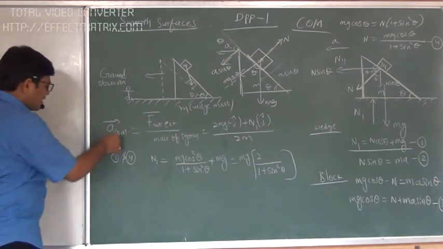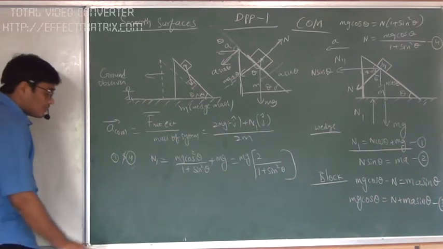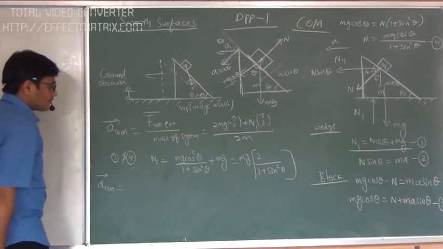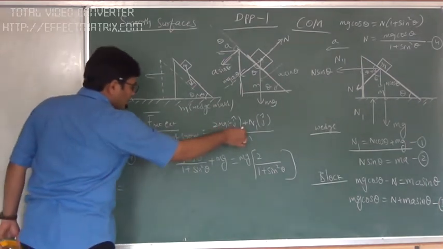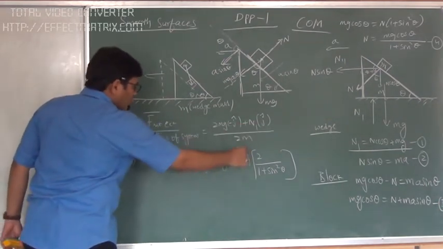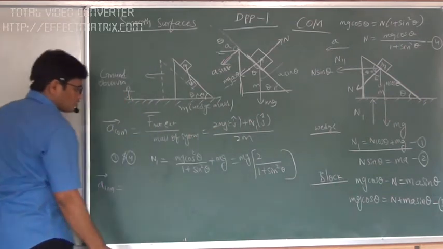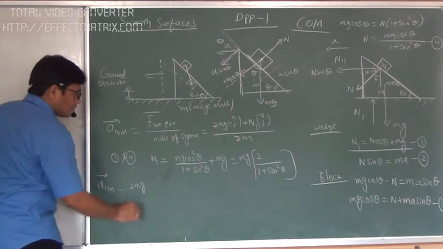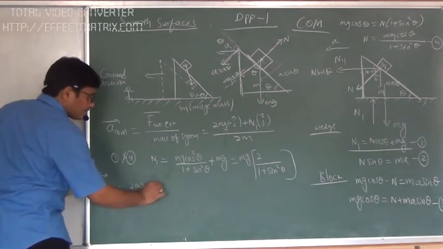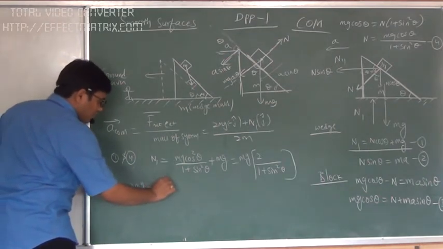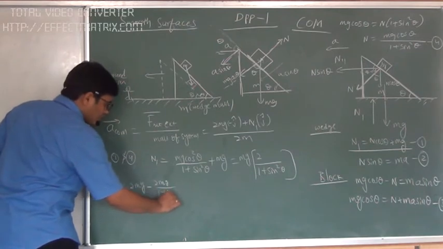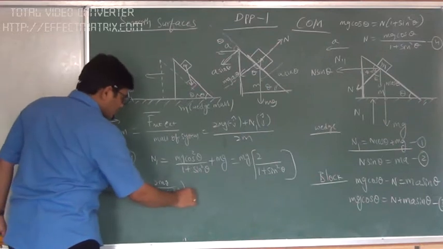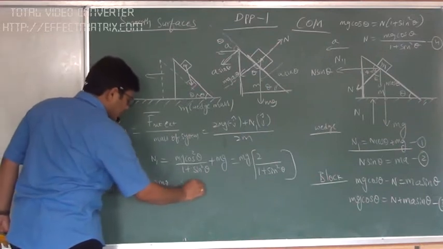So what are we going to get then? Acceleration of center of mass is nothing but 2mg minus N1, with j common. So what you will get: 2mg minus 2mg upon 1 plus sin square theta, minus j cap.